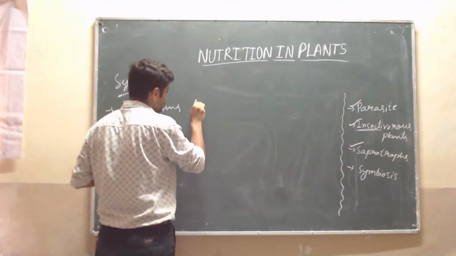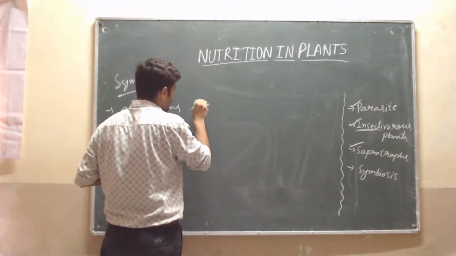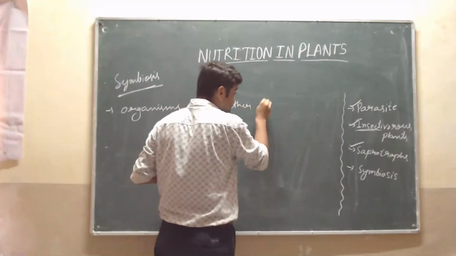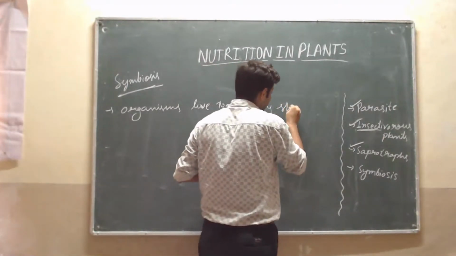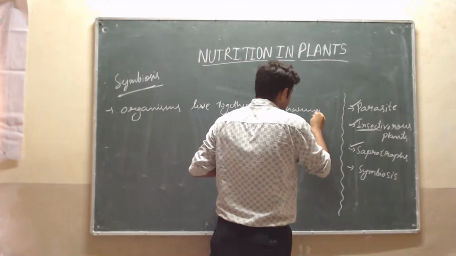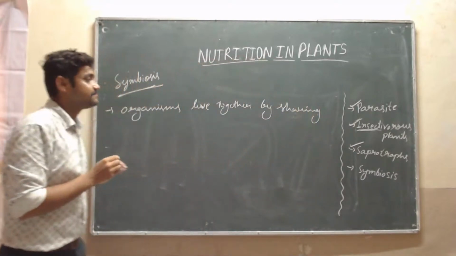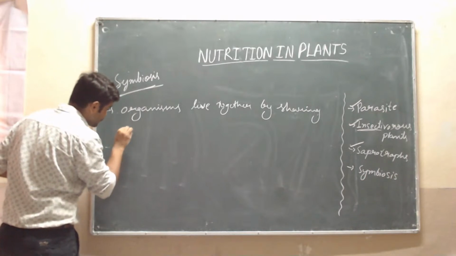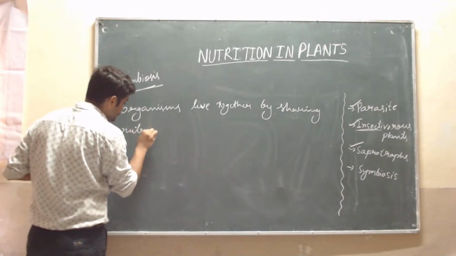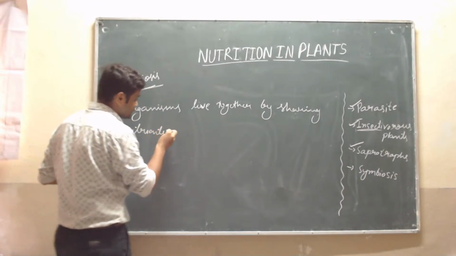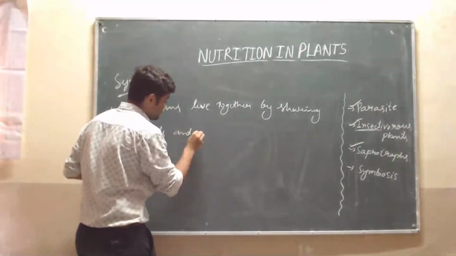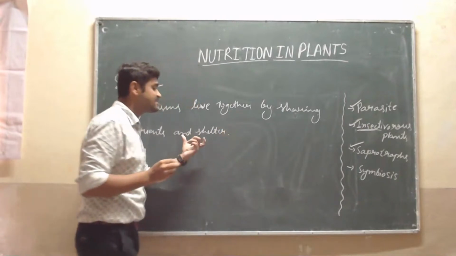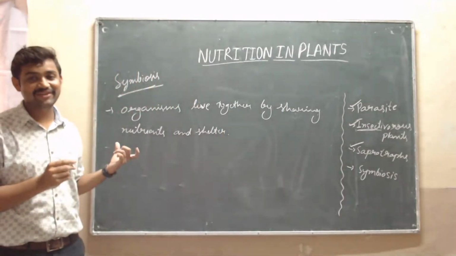Organisms live together by sharing nutrients and shelter. This relationship is called symbiosis.